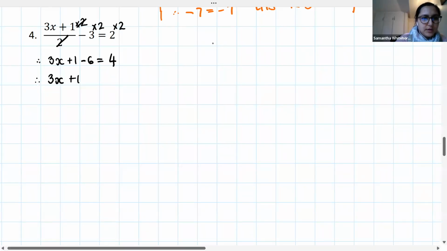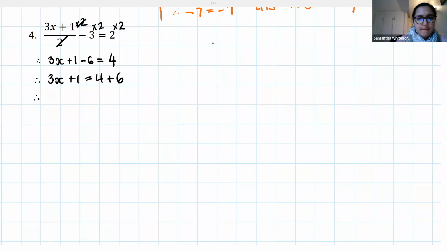Perfect. So 4 plus 6, good. Then I added the 4 plus 6, which gave me 10, and then I said minus 1. I took the 1 to the right. Good. And then it became 9.